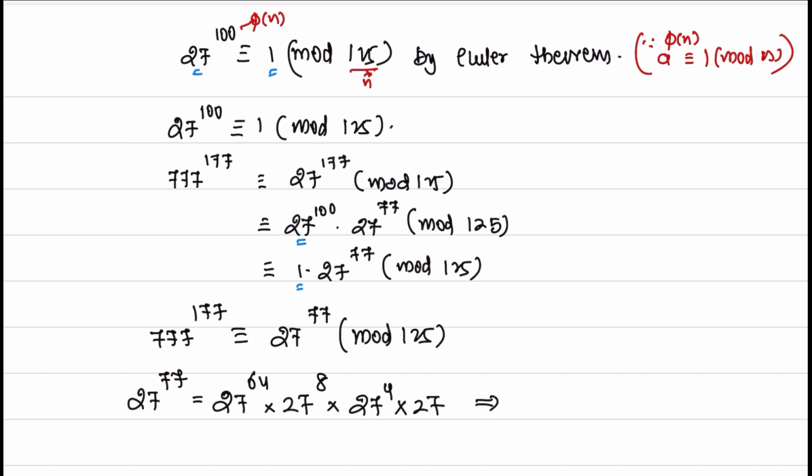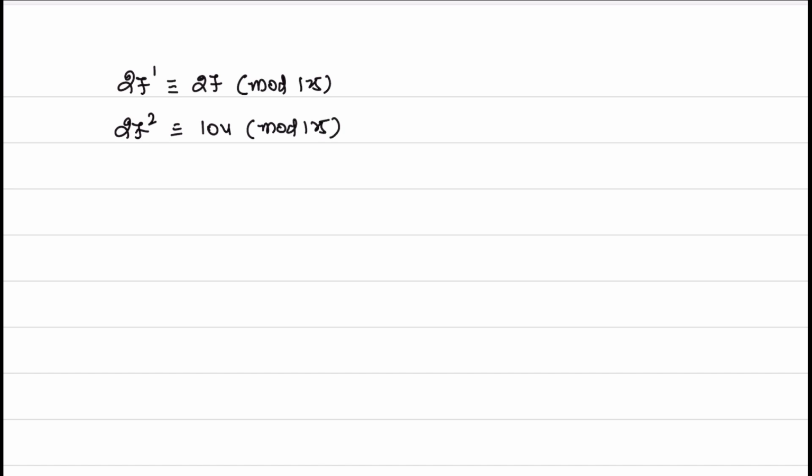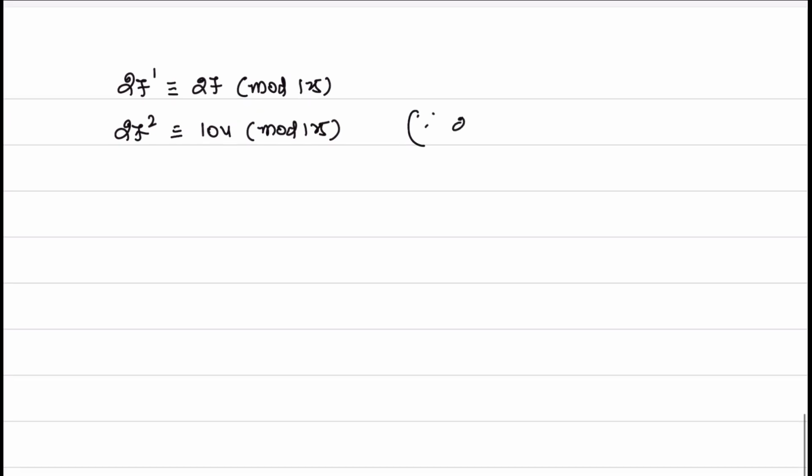That implies, let's do this multiplication. 27 to the power of 1 is equivalent to 27 mod 125. 27 square is 104 mod 125. This you can see, you can do it from your basic arithmetic. What is the value of 27 into 27?